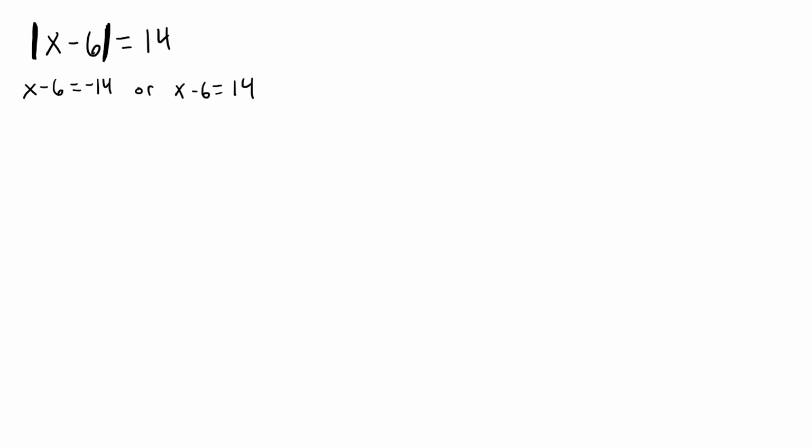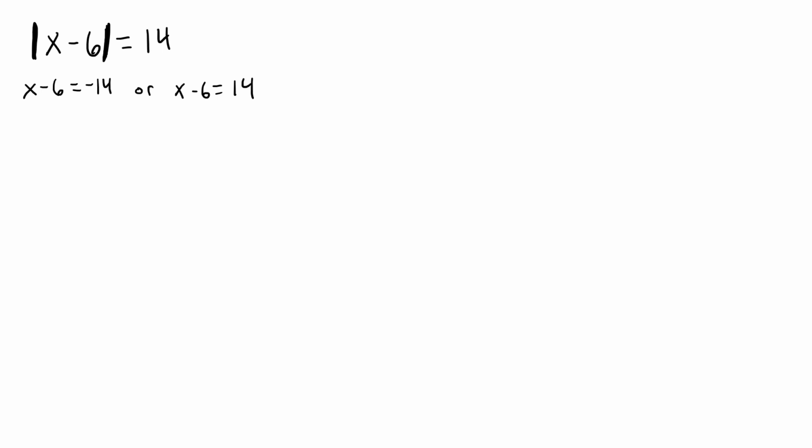And so we're going to solve these equations. One thing I want us to note is that on each equation, the left-hand side is the exact same thing. So whatever I do algebraically to solve for x on the left equation, I'll do the same exact thing on the right. So we often solve these equations simultaneously, at the same time.